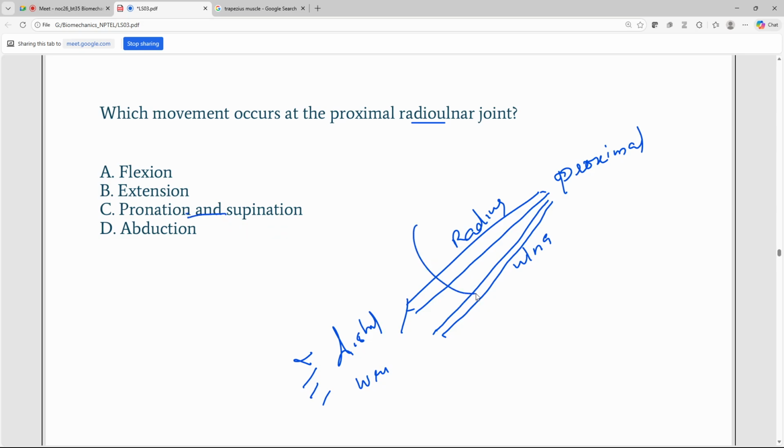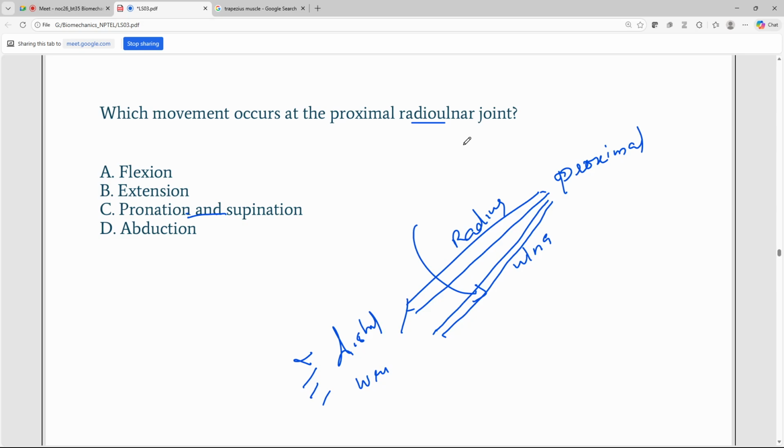That is this-wise movement. If you are showing both sides of your palm, the inside and the back side of the palm, those movements are pronation and supination. So this movement is facilitated by the radio-ulnar joint.